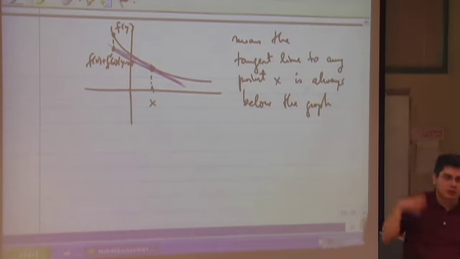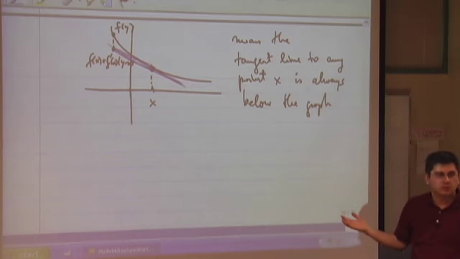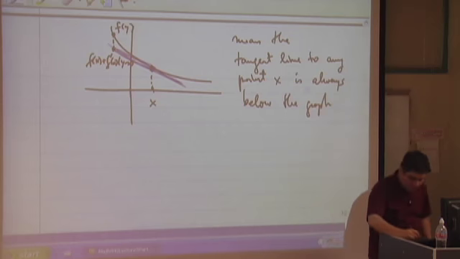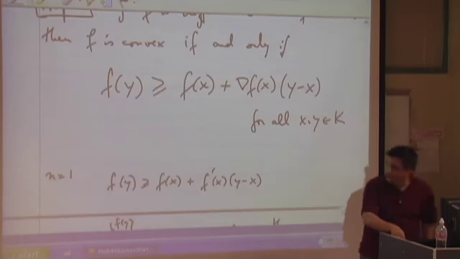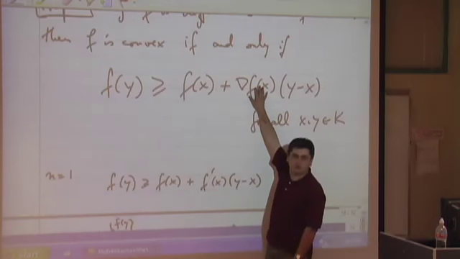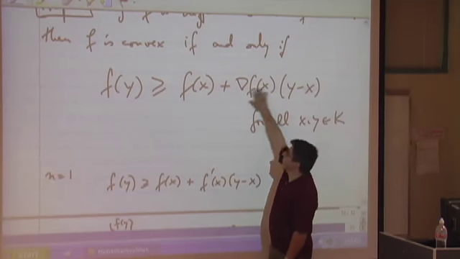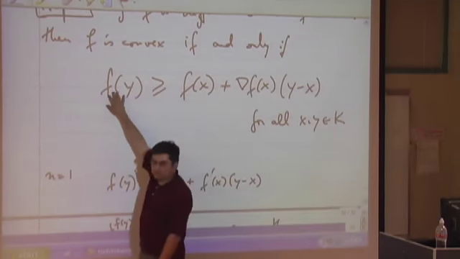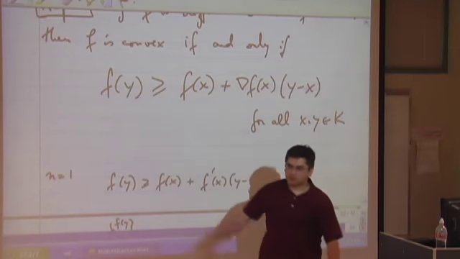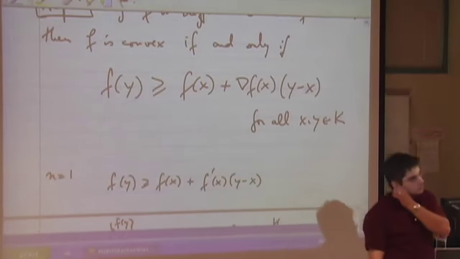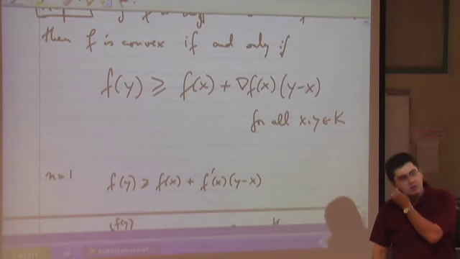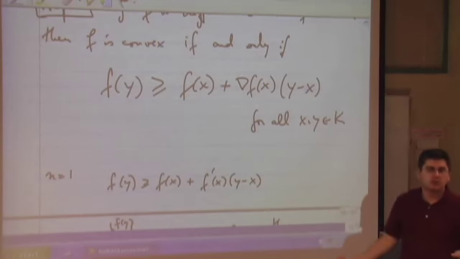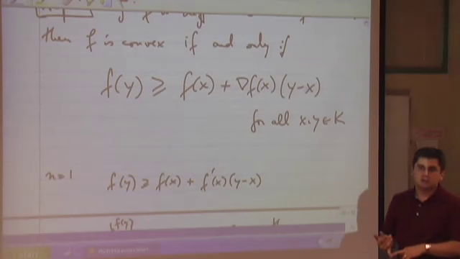So if it's a critical point, it's automatically a minimum. Why? Well, the easiest is to see it here in many dimensions. If it's a critical point, this thing is 0, and the remaining term is greater than 0. That's what the critical point means. So f is greater than f at the critical point. So it's not only a minimum, it's a global minimum. Again, the critical point is the only thing you have to find.